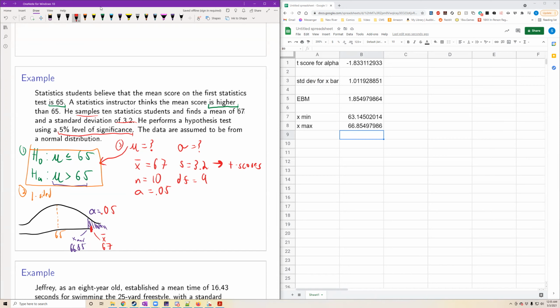And so in step 4 here, we reject the null hypothesis. Interpreting this, what does that mean?